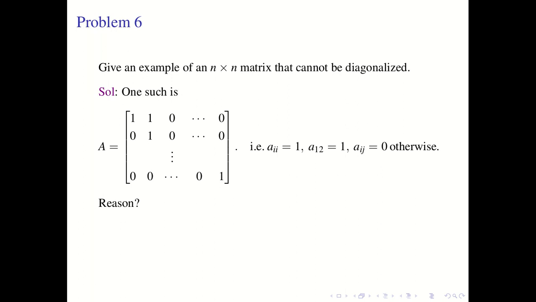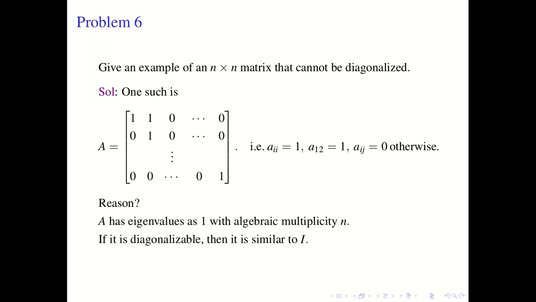Which means that if A is diagonalizable, P inverse AP must be equal to identity, right? But then can we have P inverse AP equal to identity and A not equal to identity? If P inverse AP is identity, again pre-multiplying by P and post-multiplying by P inverse, we can see that A is equal to the identity matrix, but A is not an identity matrix. Therefore, A cannot be diagonalized.